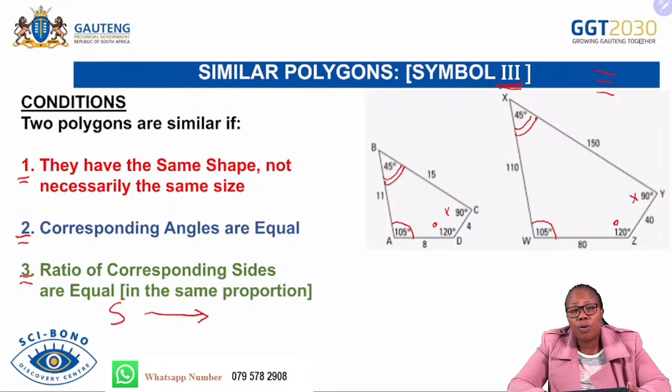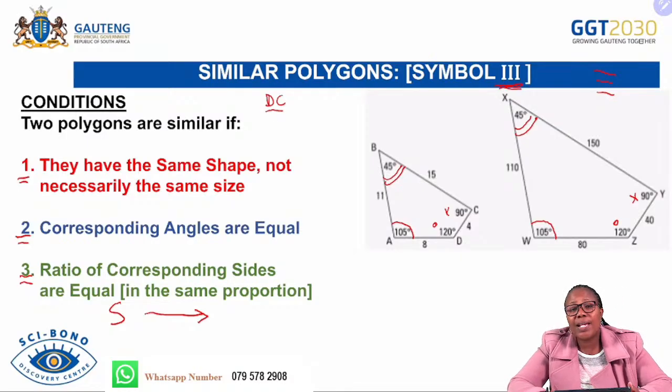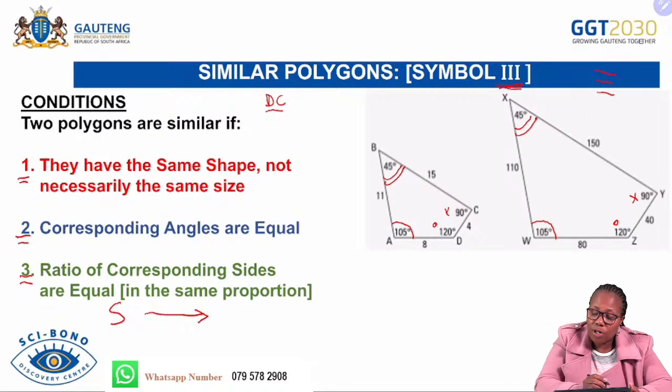Let's look at figure 1, ABCD. Which side is the smaller side? That is side DC. Which side is the smaller one on WXYZ? That is side ZY. Therefore, it will be DC over ZY.